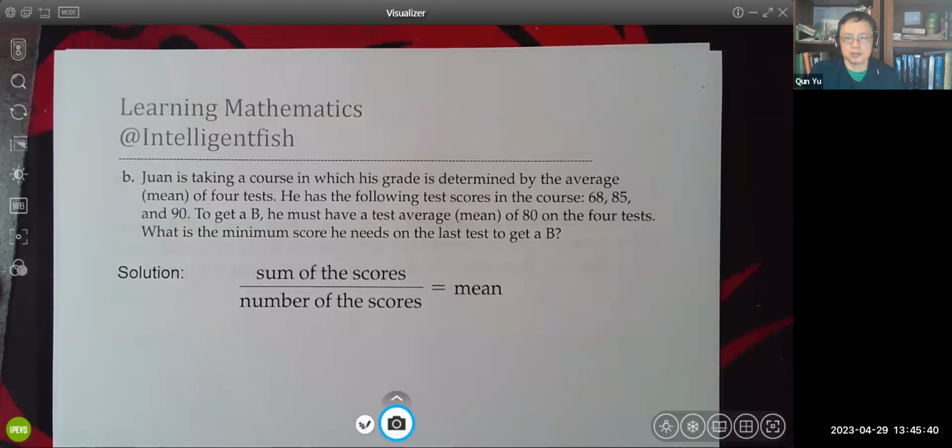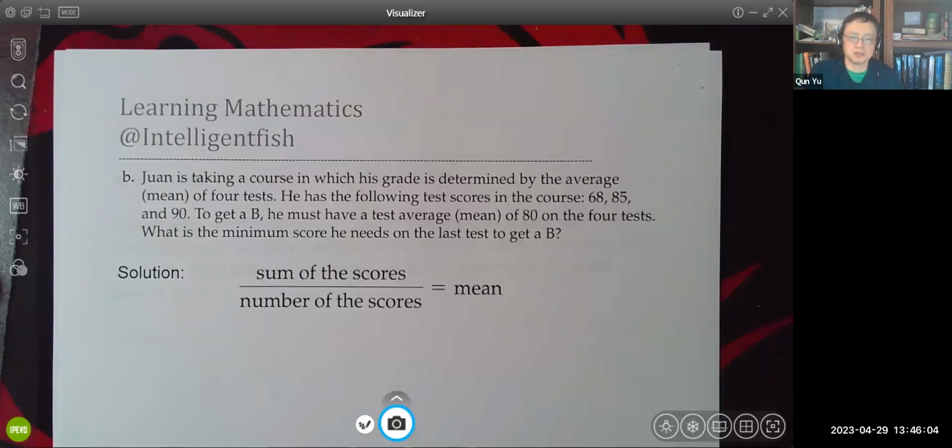He has the following test scores in the course: 68, 85, and 90. In other words, he already got 3 scores, just one more to go. To get a B, he must have a test average of 80 on the 4 tests. What is the minimum score he needs on the last test to get a B?